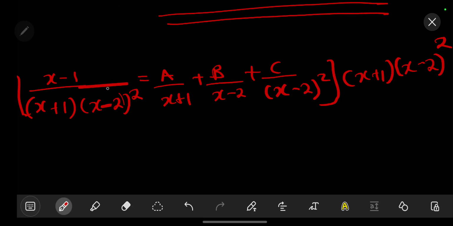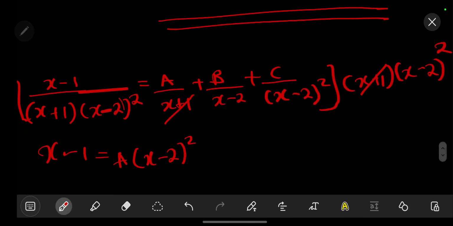So from here we are going to expand. We are going to find that this and this will cancel, so we are going to remain with x minus 1 is equal to this times this. So the first one will cancel with that one. We have a, open brackets, x minus 2 squared.